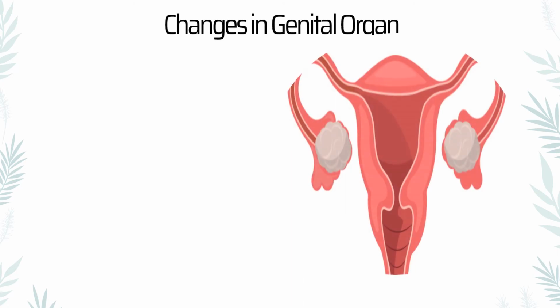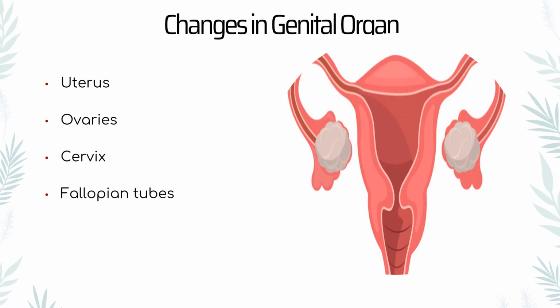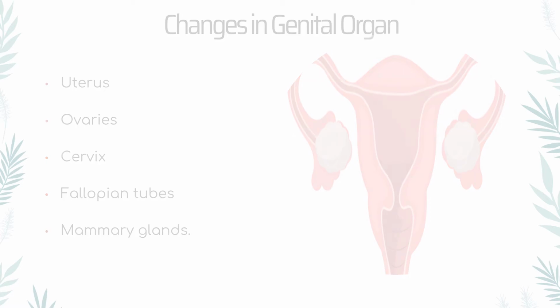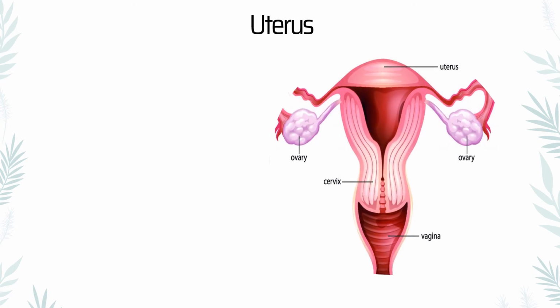Changes in the genital organ include changes in the uterus, ovaries, cervix, fallopian tube, and the mammary glands. Uterus: to accommodate the growing fetus, there will be a marked increase in the size of the uterus.